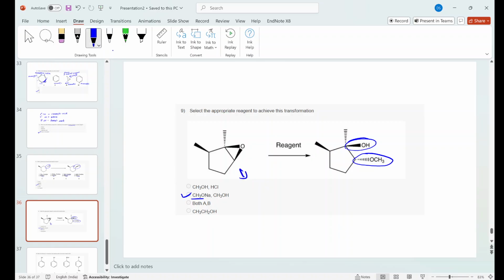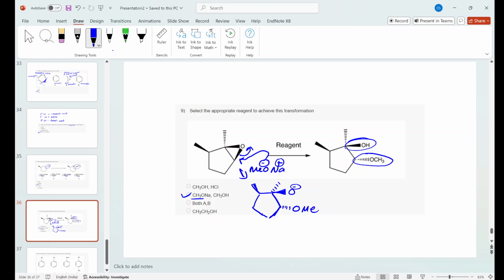If you use the MeO minus, this will straight away attack in the less substituted position. Okay, so that you will get to have this. Yes, this one will be on the back side.